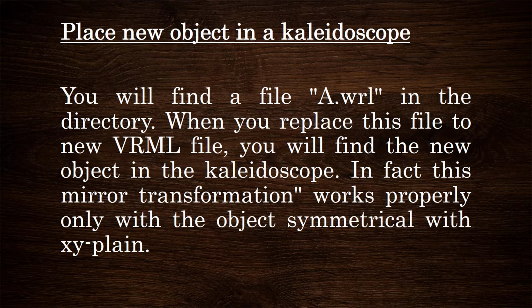In fact, this mirror transformation works properly only with objects symmetrical with the XY plane. So that is actually the requirement. But of course, you can actually include any object in the Kaleidoscope. That is possible.